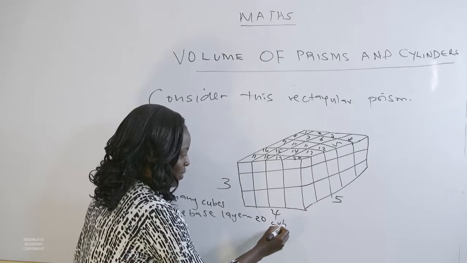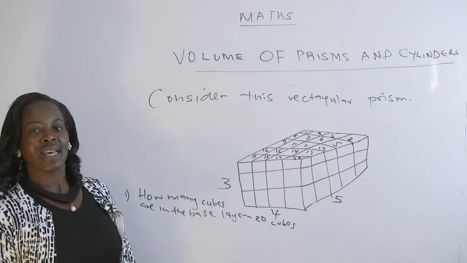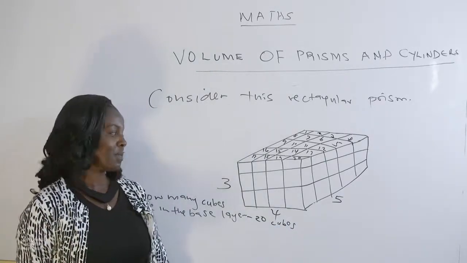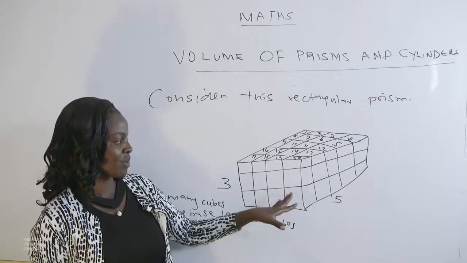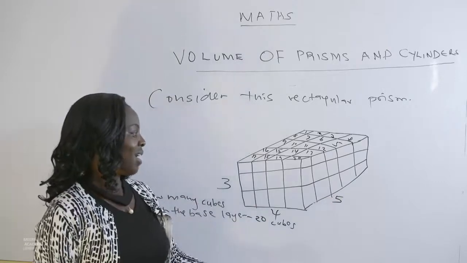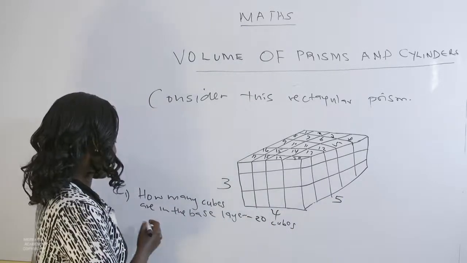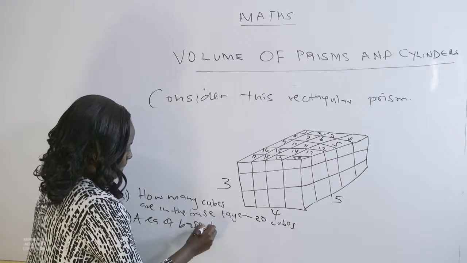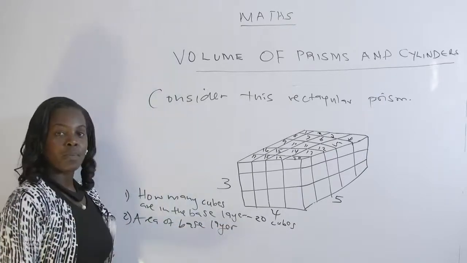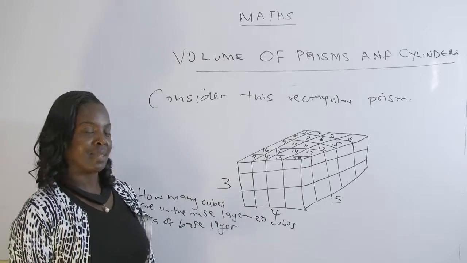20 cubes. What is the area of the bottom layer, or the base layer? The bottom layer is what we call the base layer. How do you calculate the area of the base layer?